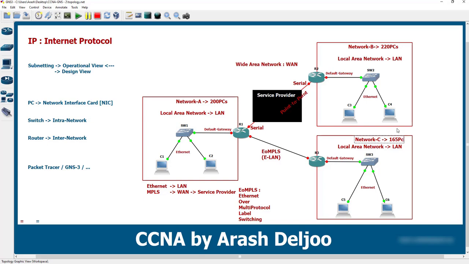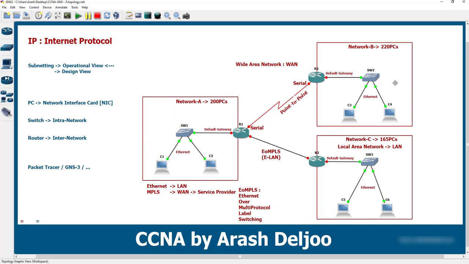Okay, and your task is designing the IP addressing or subnetting for this company. One simple thing that we can do is, for example, we can use this range. Let me write here. Okay, let me first remove this information from here. Very good. Look at here. This is my design. This is only, for example, a simple design.